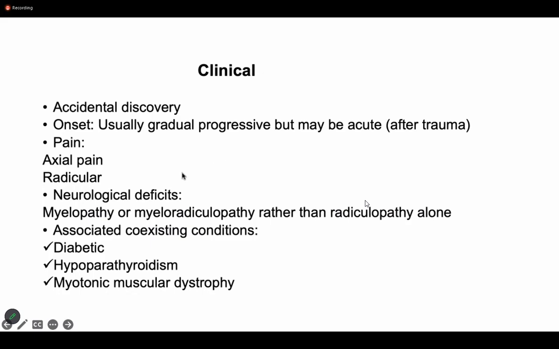With symptomatic, the patient may have progressive axial pain, numbness along the arm, for example radicular symptoms, or other symptoms of neurological deficits. It's called myelopathy or myeloradiculopathy rather than radiculopathy alone. Sometimes the symptoms are combined with some conditions of the patient, for example diabetes, hypoparathyroidism, or myotonic muscular dystrophy.